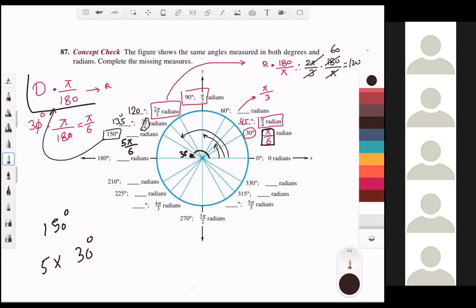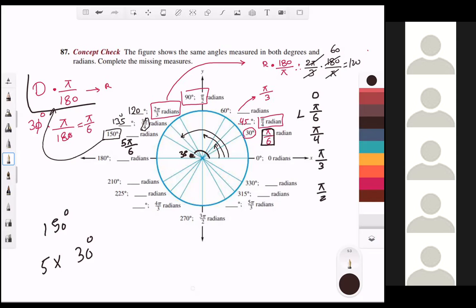So to make this story short, on the first quadrant, we have 0, pi over 6, pi over 4, pi over 3, and pi half.